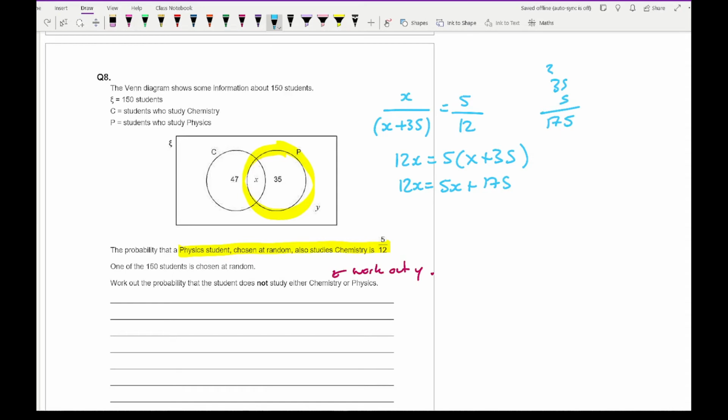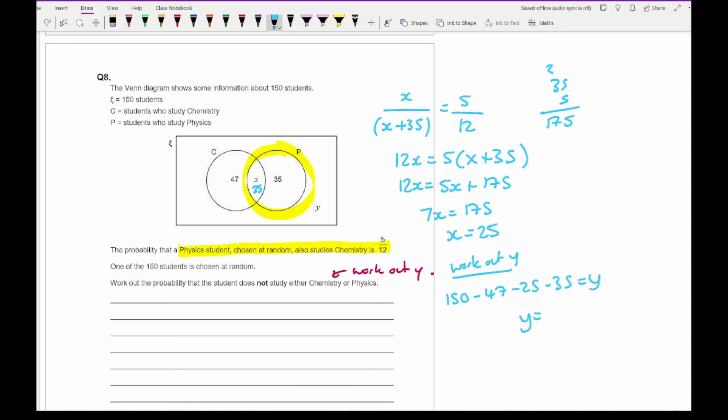And so then we've got 12x take away 5x, which is 7x equals 175, so x equals 25. Now that we know that x equals 25, I can then work out y. So work out y by doing 150 minus 47 minus 25 minus 35 equals y.